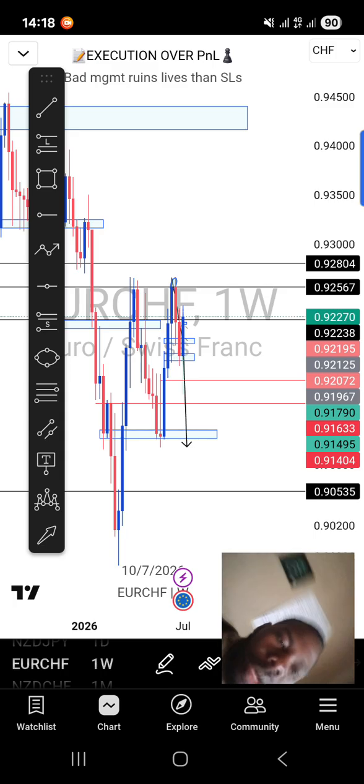We had this head and shoulder pattern, and we were anticipating taking our trade at this particular neckline.